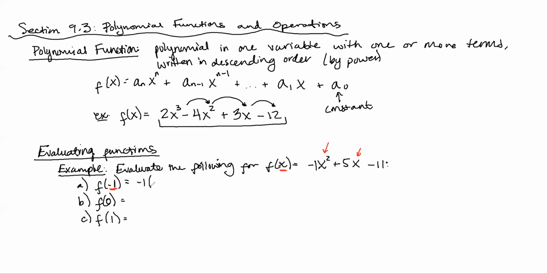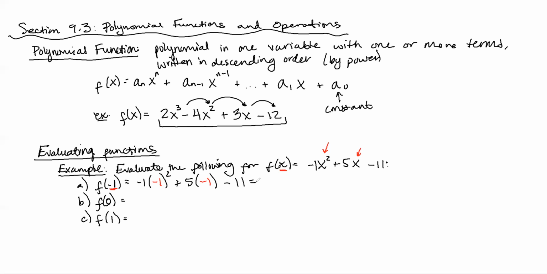Now I'm going to put our negative 1 in here for the x. And I'm going to put that in parentheses, and we're squaring that. And then we're going to have plus 5 times x, so 5 times -1, and then minus 11.